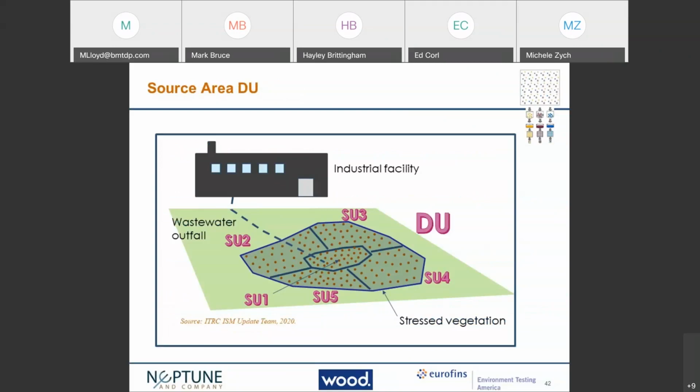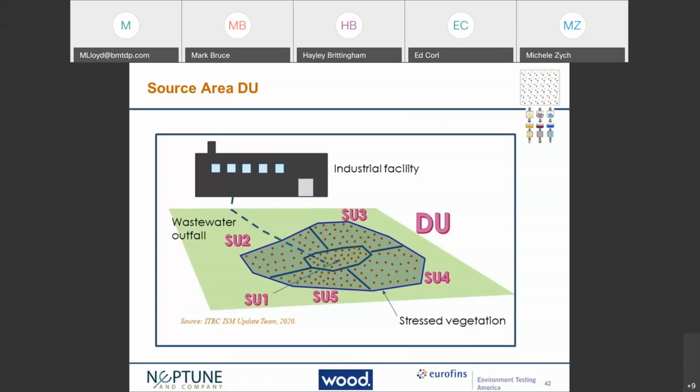Now, you saw this particular diagram from Haley's talk. Similar idea. We have a large DU, and within that DU, we have a number of sampling units. Our sampling units are targeting specific areas, asking how much soil concentration is in this particular area at the outfall, and then maybe which direction that might go.